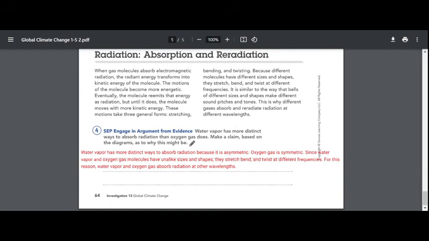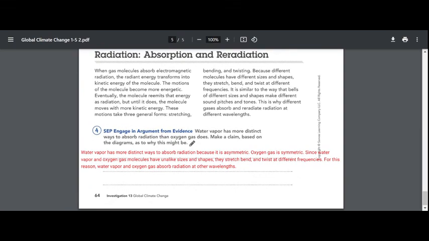All right, so for radiation absorption and re-radiation, when gas molecules absorb electromagnetic radiation, the radiant energy transforms into kinetic energy of the molecule. Motions of the molecule become more energetic. Eventually, the molecule remits the energy as radiation, but until it does, the molecule moves with more kinetic energy.